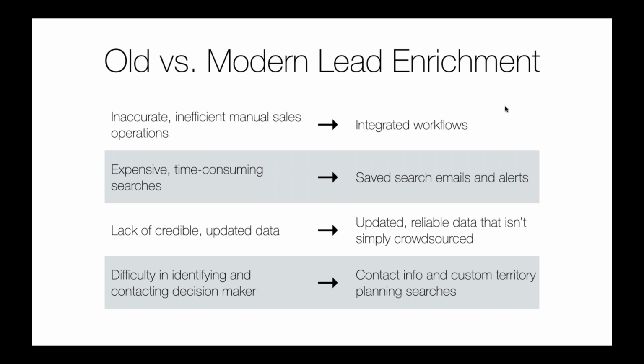Mattermark works to automate many of those workflows. A lot of the time that sales teams and salespeople use to find their next company or their next target is quite time consuming, so we've created a way to have actual emails and alerts around new prospects based upon the types of companies you are targeting.